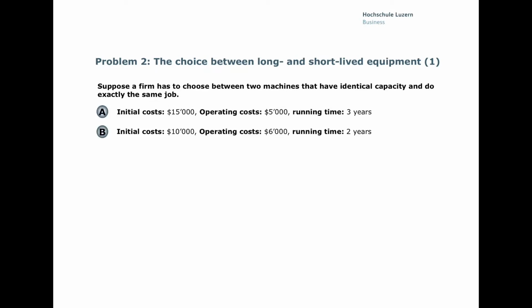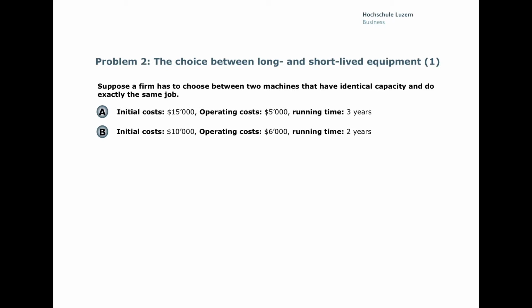The next problem we have a closer look at is related to the choice between long and short-lived equipment. Suppose a firm has to make a decision which machine to buy. The choice is between 2 machines that have identical capacity and do exactly the same job. Machine A costs $15,000, has operating costs of $5,000 and a running time of 3 years.